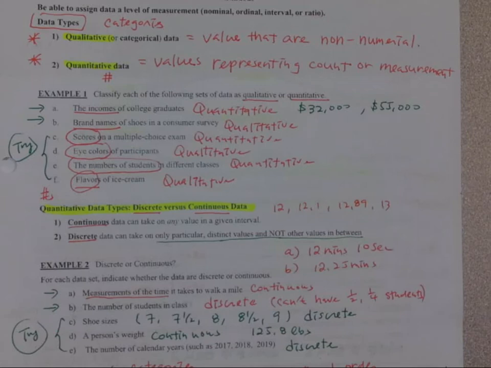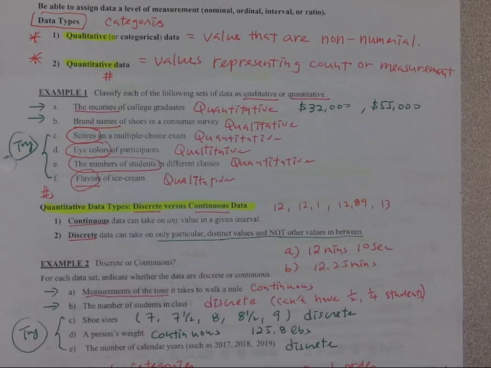Discrete, because I cannot have half of a person, right? If I talk about time, continuous, because it's 0.2 second, 0.5 second. The tricky one there is shoe sizes, that's discrete because it's like 7 and they jump to 7.5 and they jump to 8. So that doesn't have 7.2 or something. So it has set interval. If they have set interval, that is discrete. Are we okay with those?